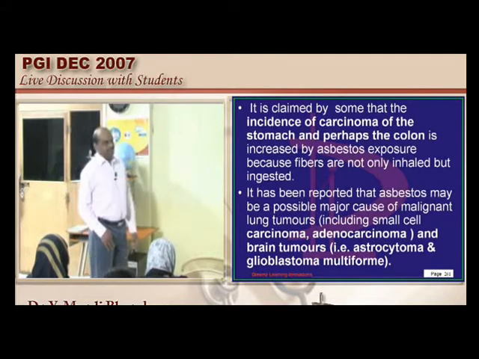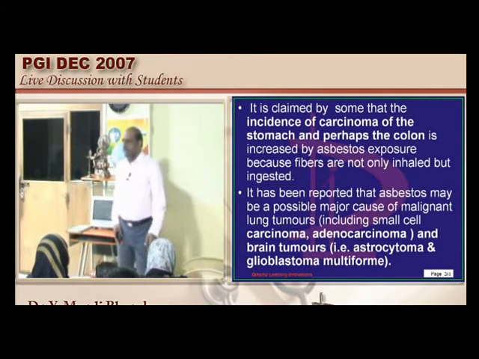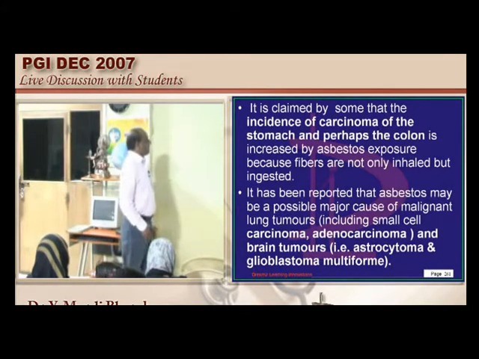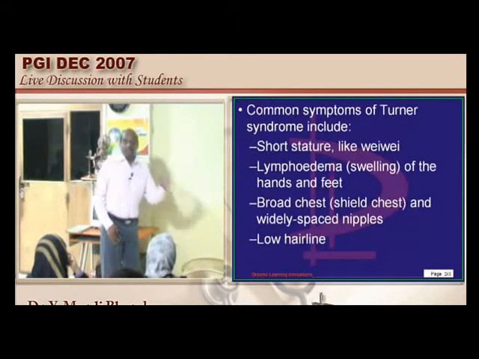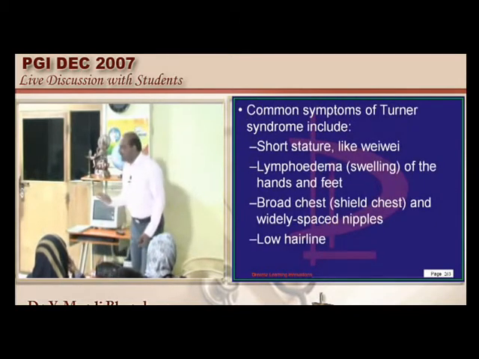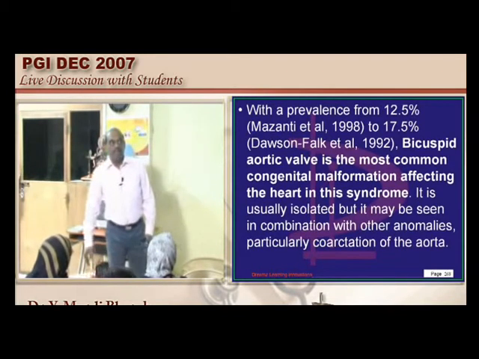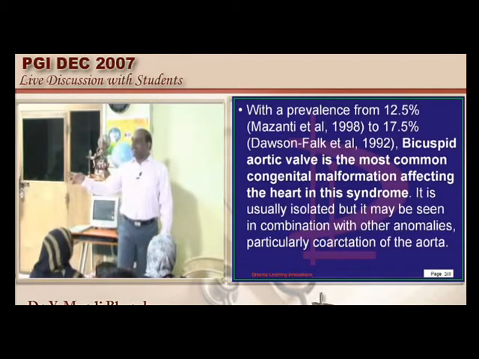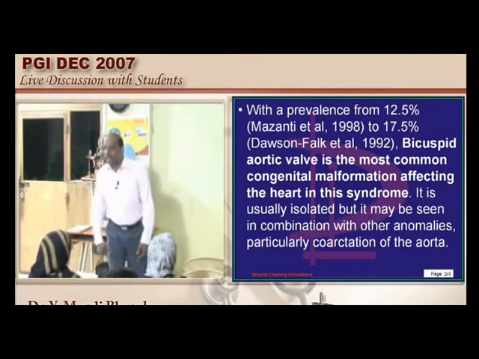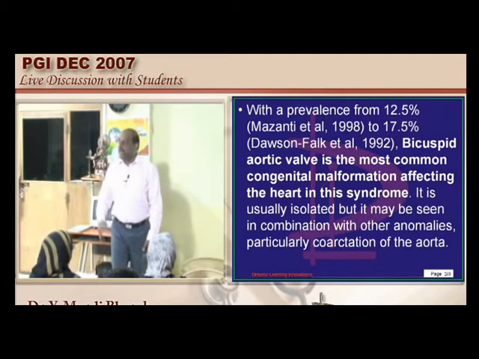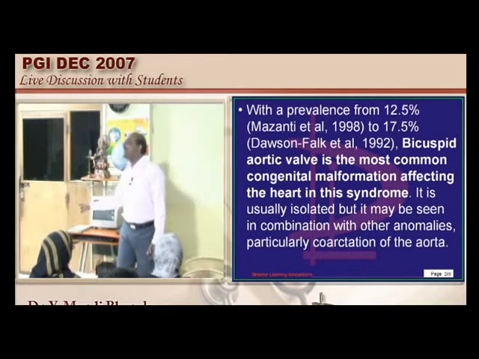Turner syndrome is monosomy XO, and it is the most common cause of primary amenorrhea. Now the question comes, what are the cardiovascular abnormalities that you come across in Turner's? If I ask you what is the most common cardiology problem in Turner patients, coarctation of aorta will be the answer, but that is not the answer.